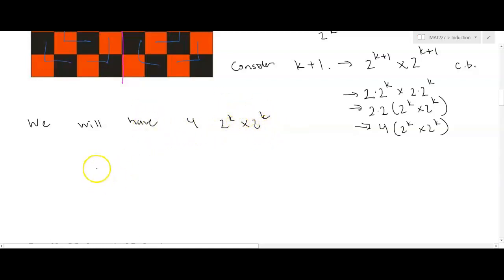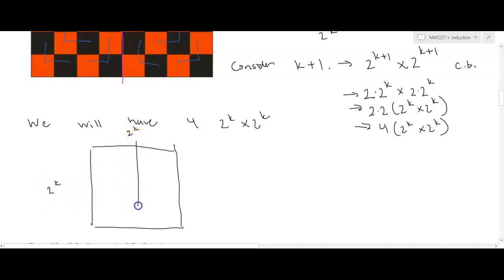And so now when I consider this 2 to the k plus 1 by 2 to the k plus 1, I'm going to see it as this whole thing here is 2 to the k, and this whole thing here is 2 to the k. But if I split this thing down the middle and split it across the middle like this, then each of these right here is going to be a 2 to the k by a 2 to the k, because we're going to have 4 of those.